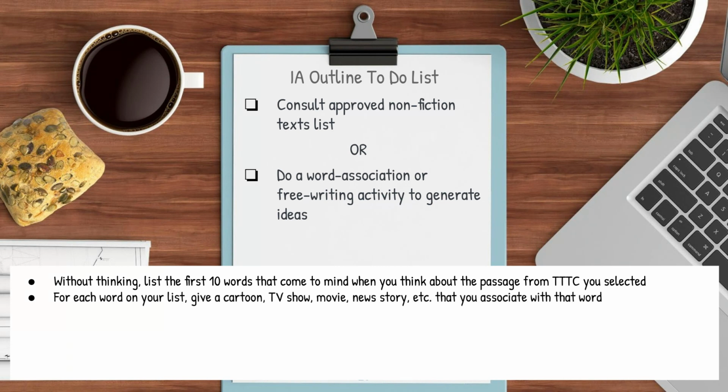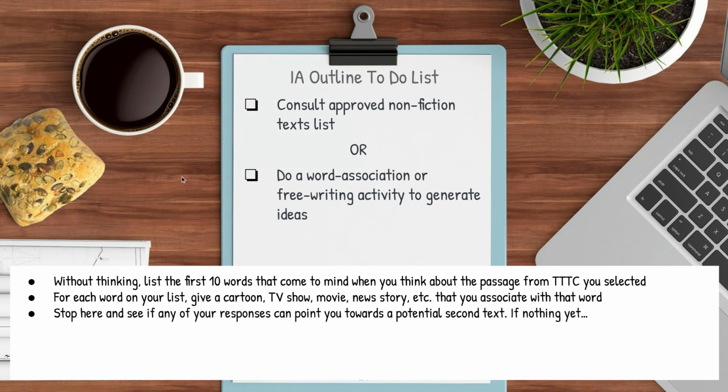Then for each word on your list, try to give a cartoon, a TV show, a movie, a news story, something that you associate with that word. So next to any one of them, like young, I might put down the name of a cartoon that I saw before, or I might write down a news story that I remembered about someone, etc.